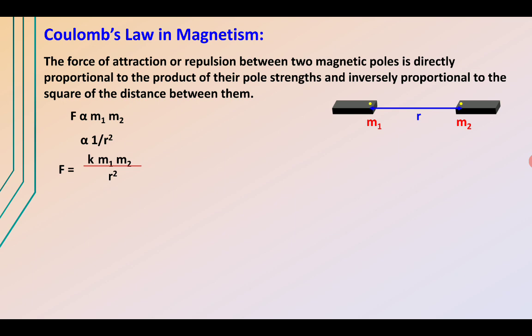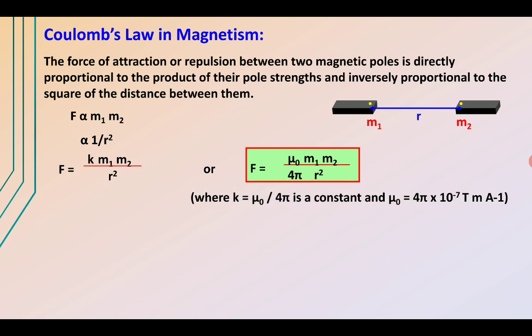Combining these, we get F equals K m1 m2 upon r square, where K is a constant of proportionality, or we can write F equals mu naught upon 4 pi m1 m2 upon r square, where K equals mu naught upon 4 pi is a constant, and here mu naught is 4 pi into 10 raised to power minus 7 Tesla meter per ampere.